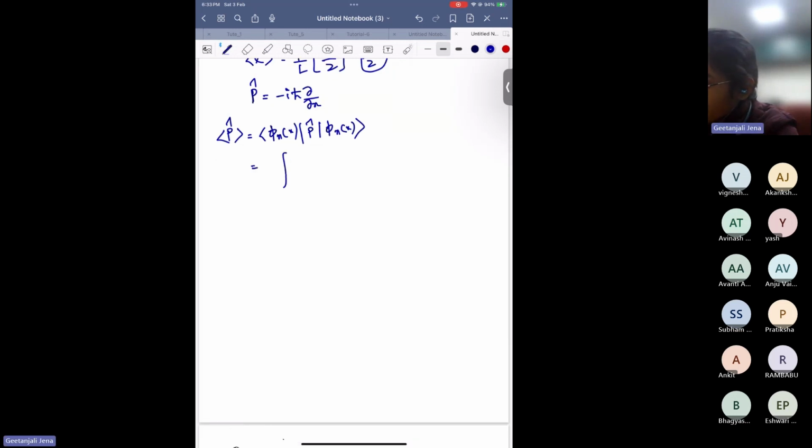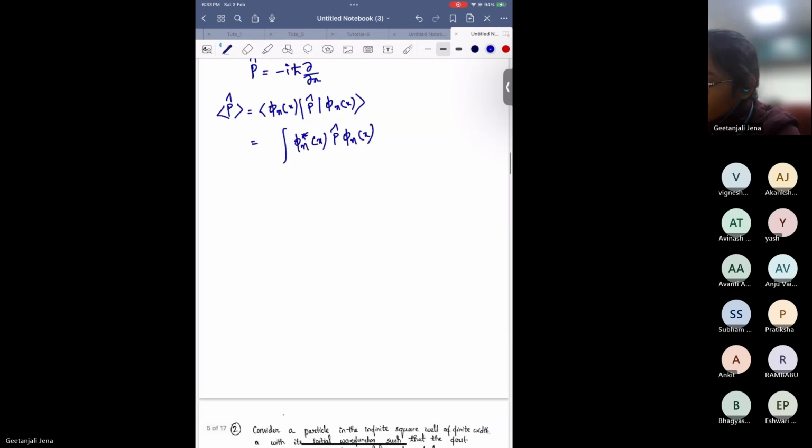Now you can write it as an integral form. P phi n x. So just write the expression for the momentum operator. This will come out as root 2 by L sine n pi x by L. And the other one is dou by dou x of this.